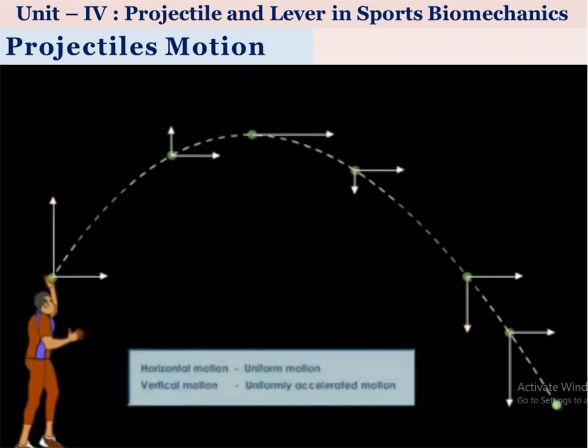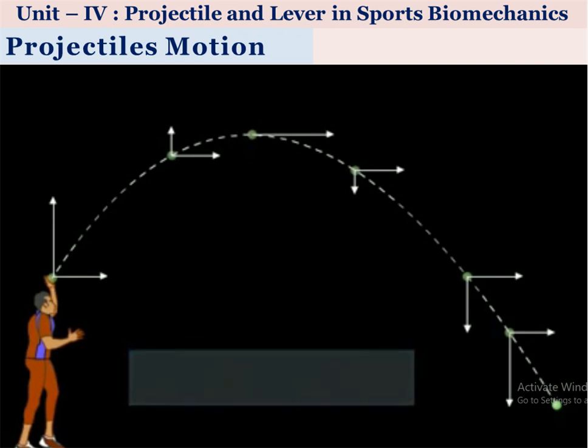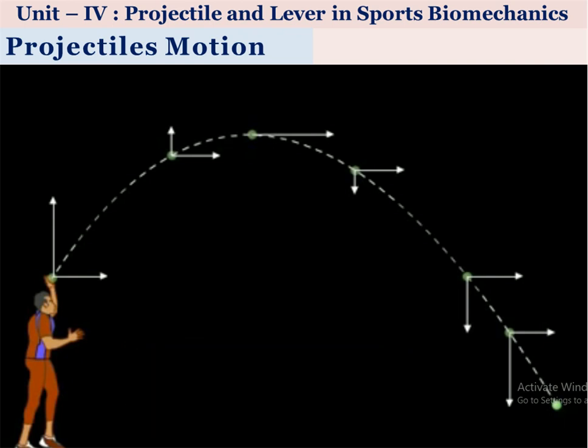Thus, the horizontal motion is a uniform motion, and the vertical motion is a uniformly accelerated motion. The magnitude of the vertical component is different at different points and is directed vertically downward.